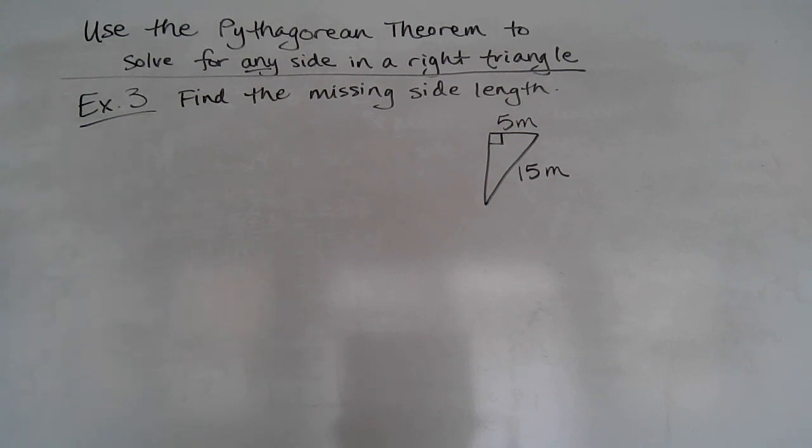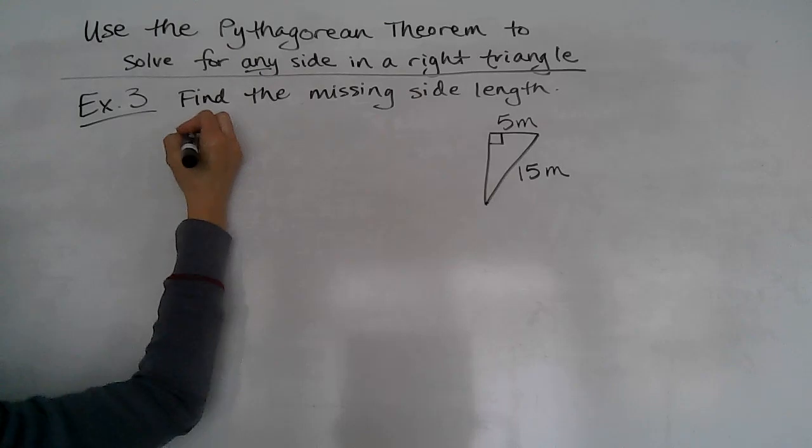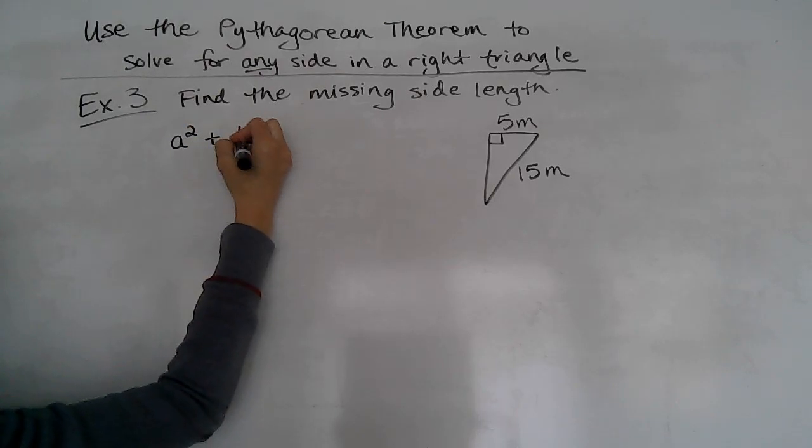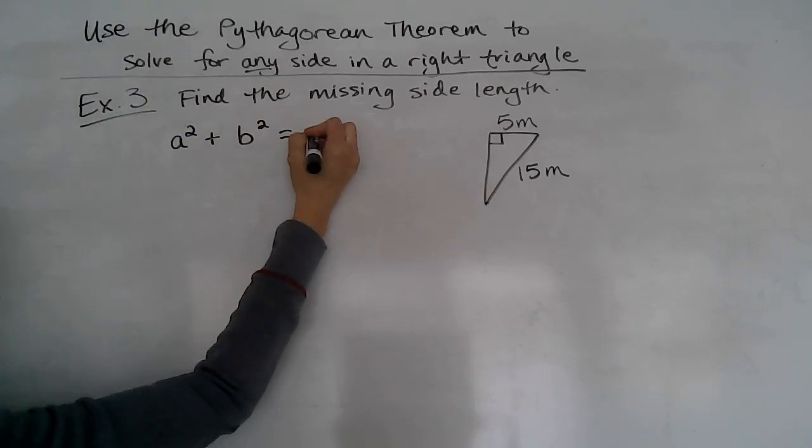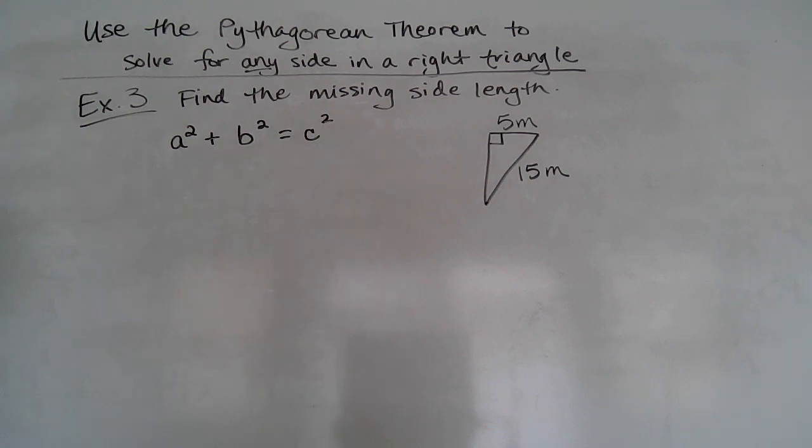All right, let's do one more just to make sure you've got it. Again, we're looking for the missing side length in a right triangle. That is our clue that the Pythagorean theorem will help us out. So the Pythagorean theorem says that A squared plus B squared should equal C squared every time.